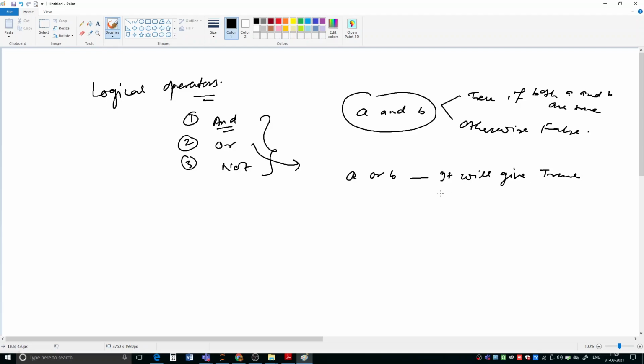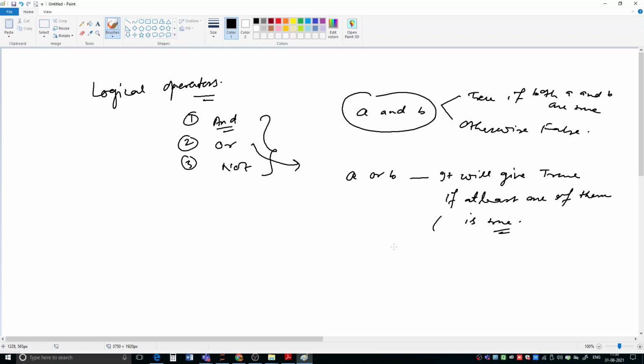It will give you true if at least one of them is true, that is, at least one of them, A or B. It is a simple thing. A or B will give you true if at least one of them is true.